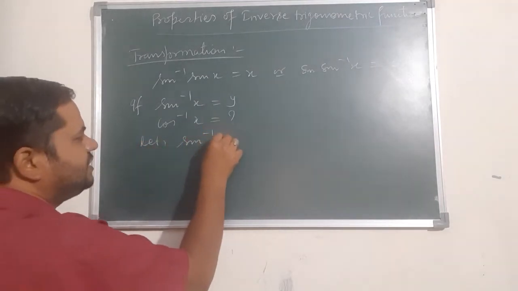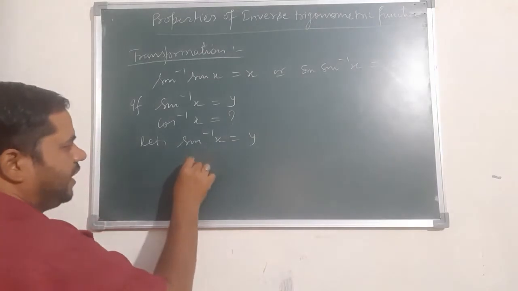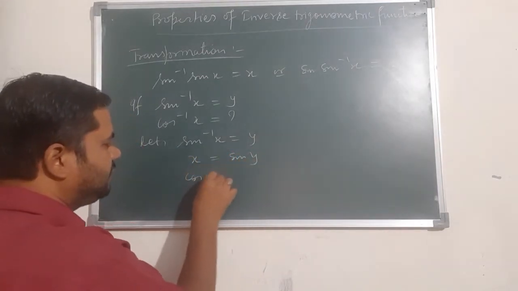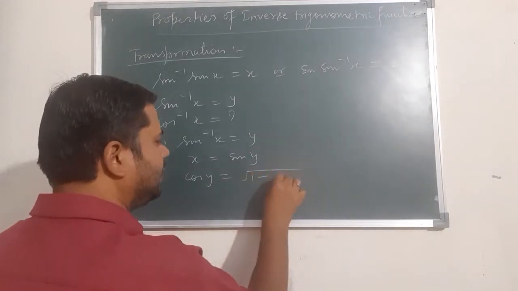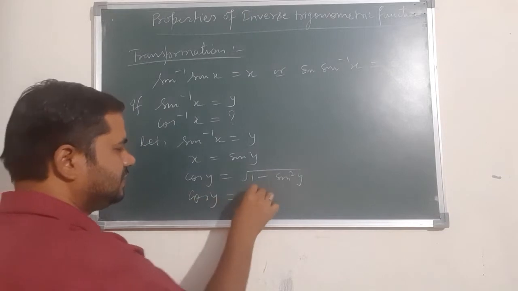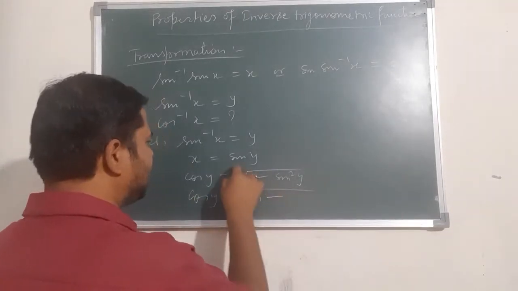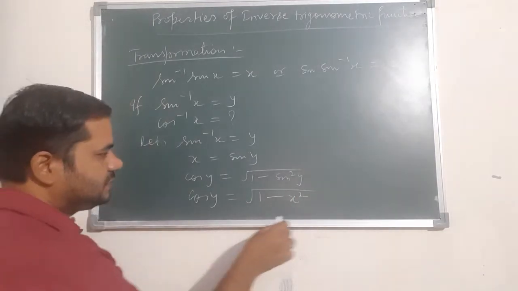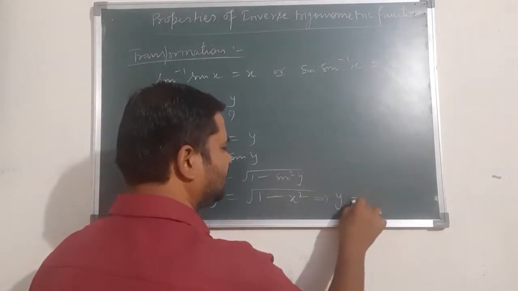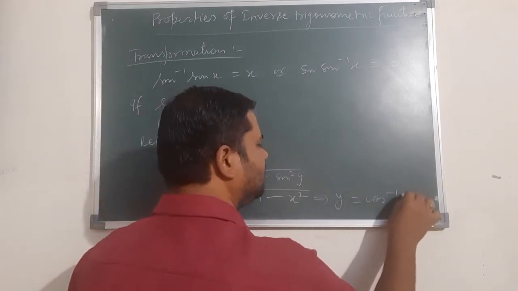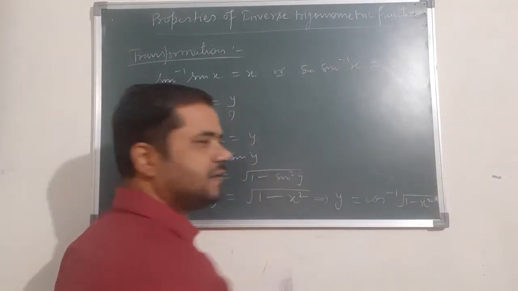So let sine inverse x be y, so x equals sine y. So cos y is nothing but root of 1 minus sine square y, so cos y is root of 1 minus x square, so y equals cos inverse root of 1 minus x square.